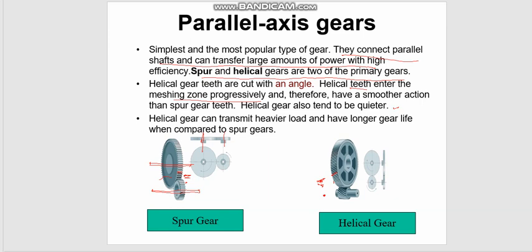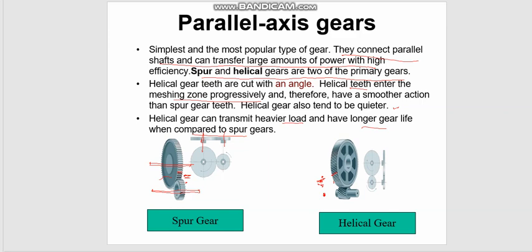Helical gear can also transmit heavier loads and have a longer lifespan compared to the spur gear. Why? Since the gears mesh progressively and quietly, you can imagine the friction and so forth will be much less on the helical gear compared to the spur gear.